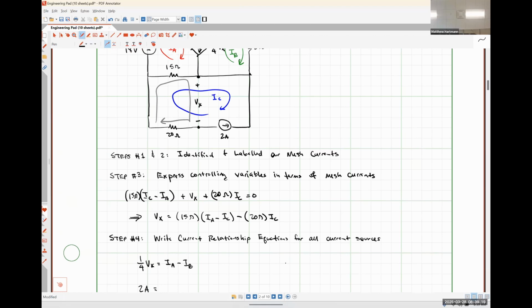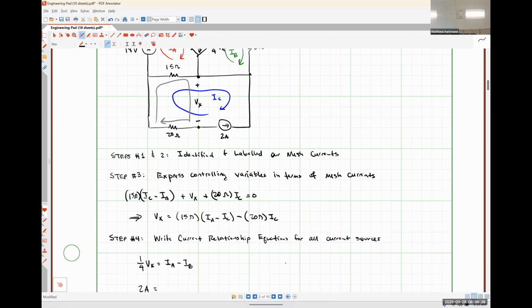What do you guys think the answer for this guy is going to be? So I'm going to give you a hint. Since that current source is on the edge, it will only have one mesh current associated with it, okay?